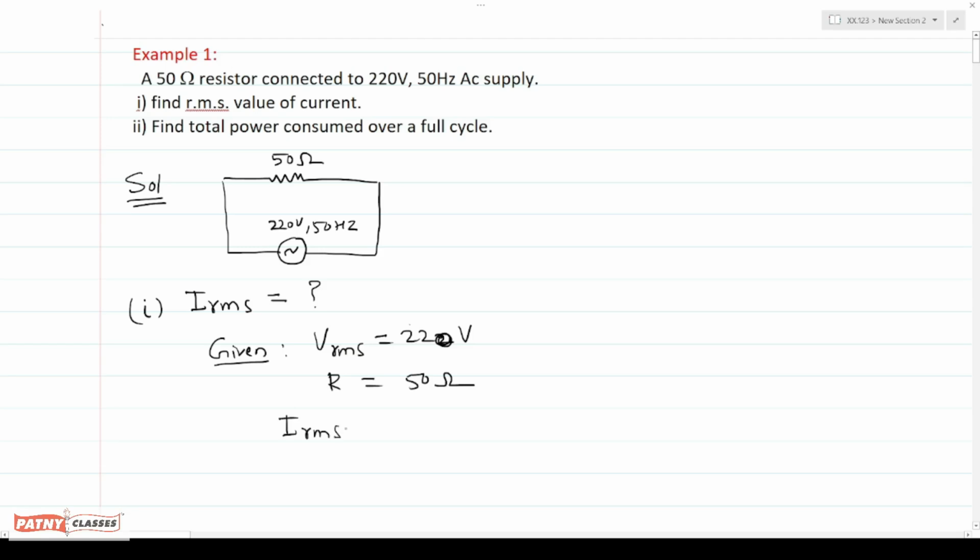IRMS equals to VRMS divided by R, that is 220 upon 50. This is equals to 4.4 amperes. Therefore, IRMS equals to 4.4 amperes.